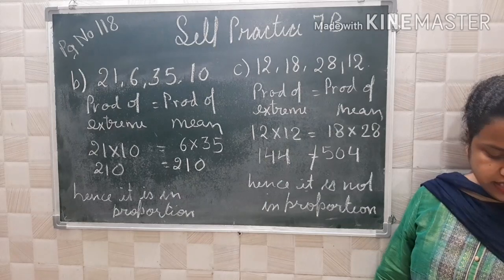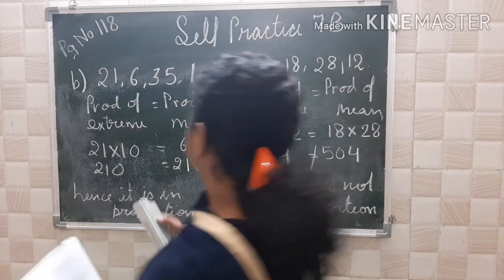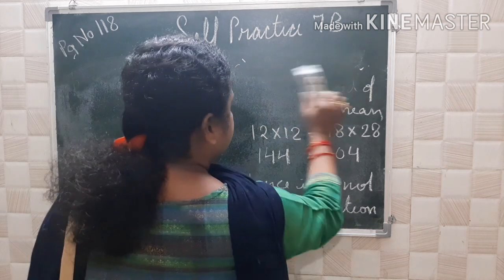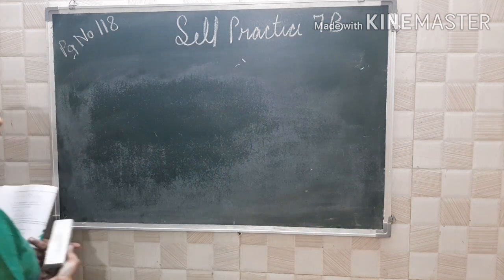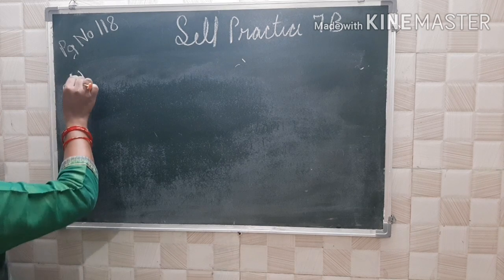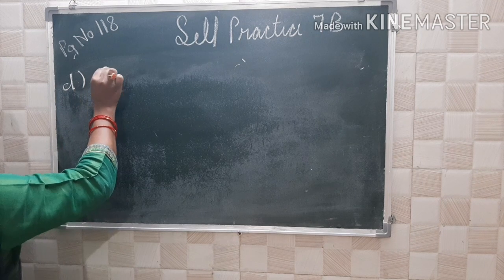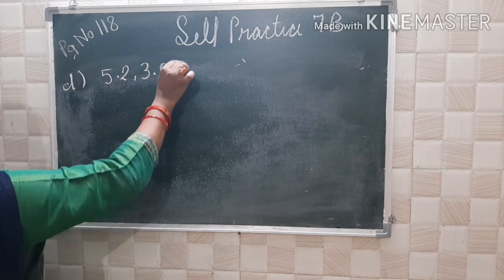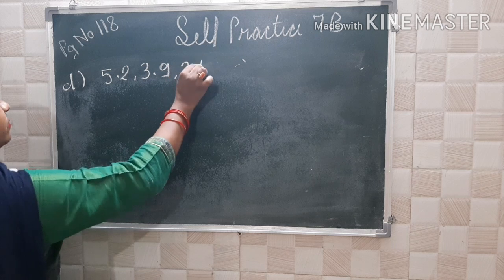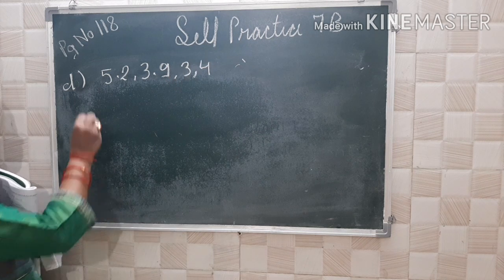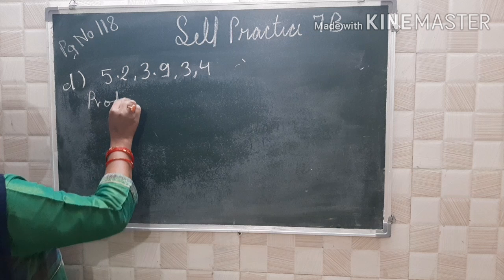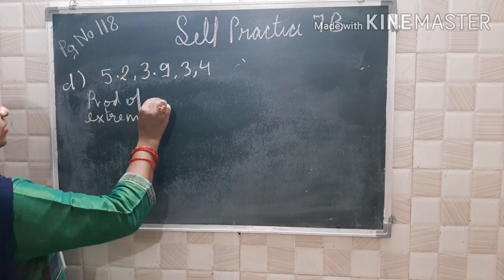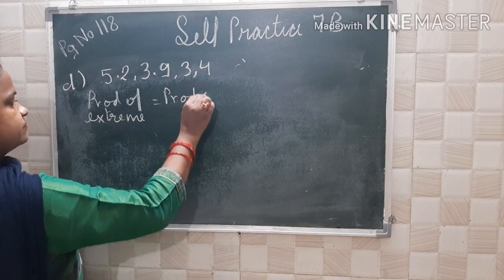Now move to D part. 5.2, 3.9 and 3, 4. What you have to check? Product of extreme is equal to product of mean.